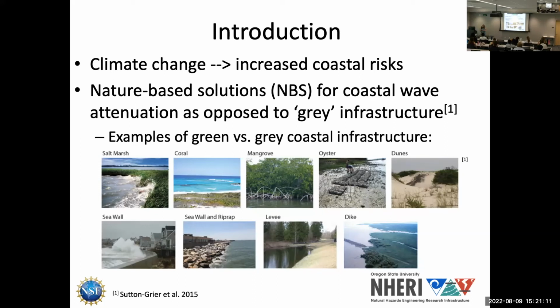So green versus gray coastal infrastructure, there's a lot of interesting benefits and differences. There's a lot of benefits of green infrastructure, such as sustainable building materials. They're definitely much cheaper and a lot less disruptive to the ecosystem. But there's a downside, which is that there's a time curve. You have to wait for the ecosystem to grow.